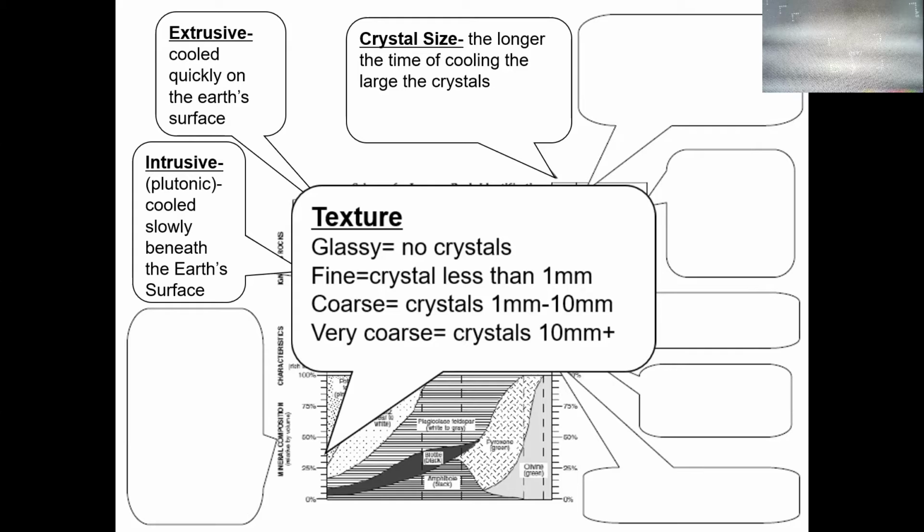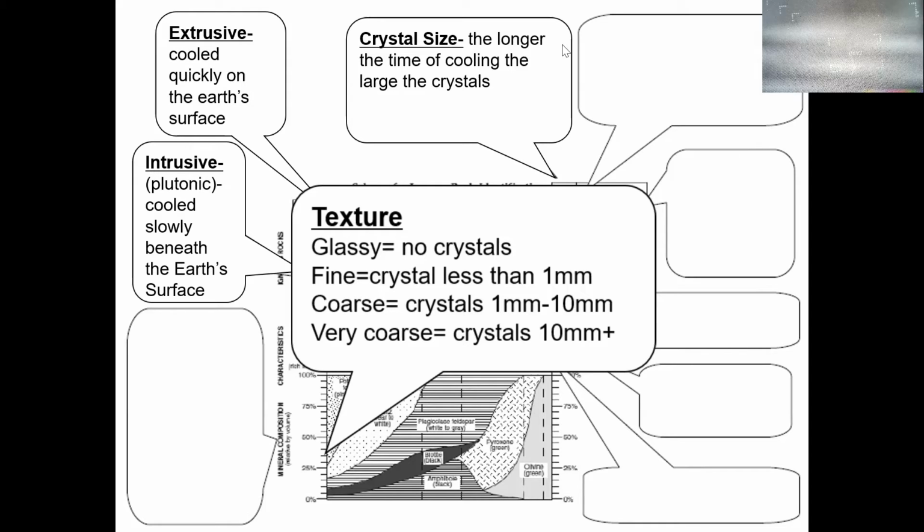Fine is crystals less than 1 millimeter, coarse is 1 to 10, very coarse is bigger than 10 millimeters. Once again, texture does not mean how it feels, even though that's what you're used to thinking. Texture means how big the crystals are. And again, glassy does not mean looks like glass, though they can.